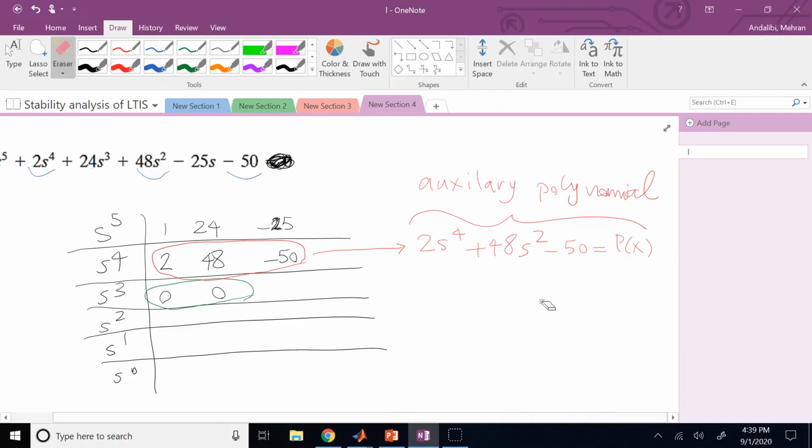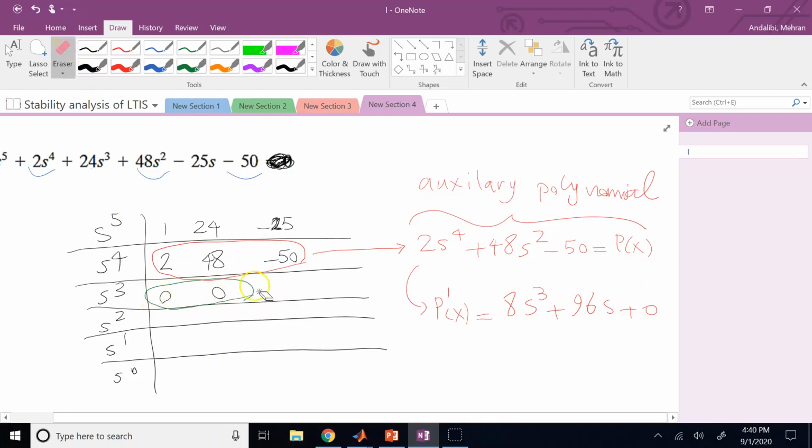So first, we take this, and then we take a derivative of this. So p prime of s is what? If we calculate the first derivative with respect to s, it is going to be 8s cubed, plus 96s, and plus 0 constant. So we use the coefficients of this derivative in this row instead of all these zeros.